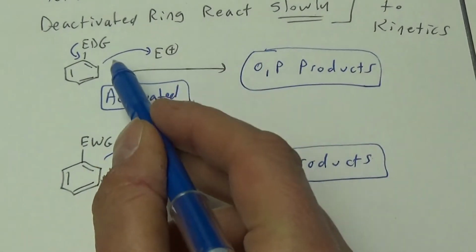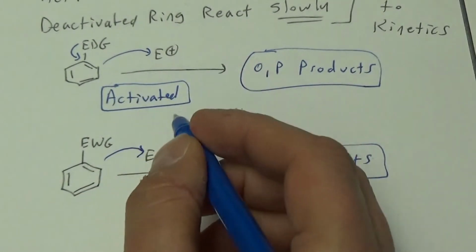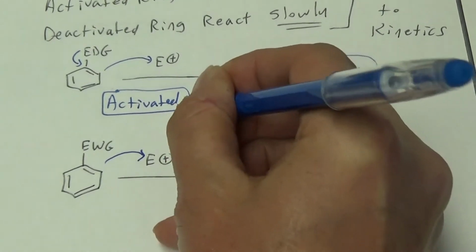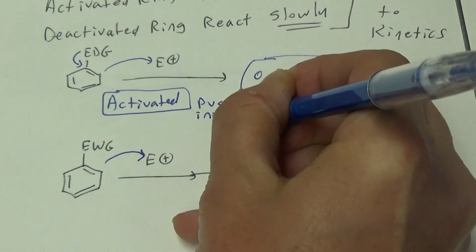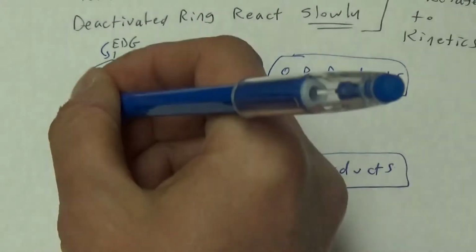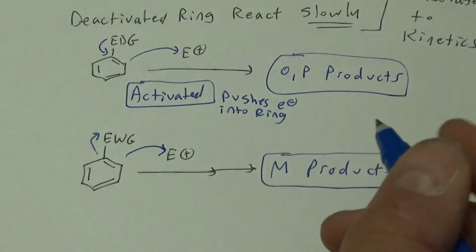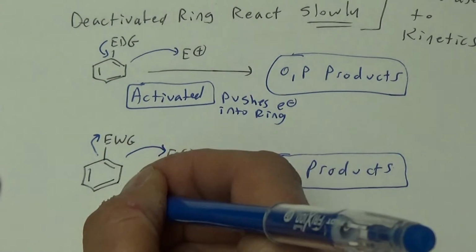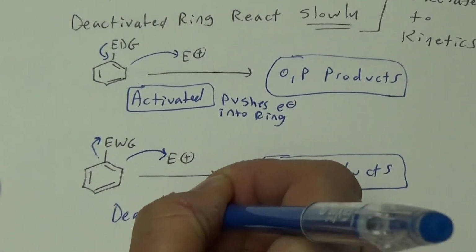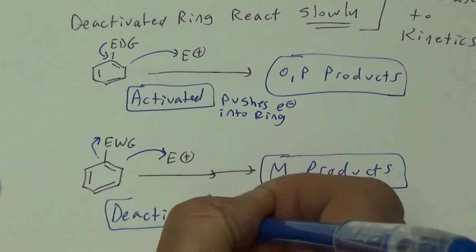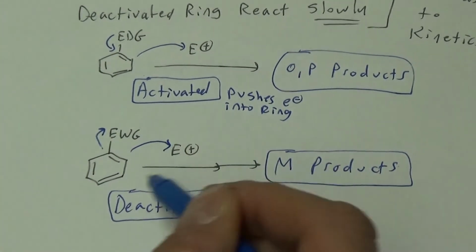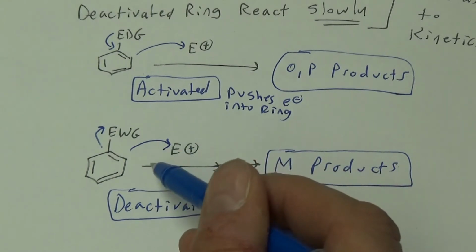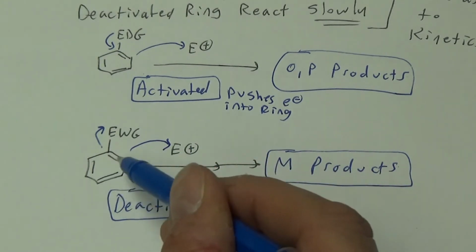Because it's pushing electrons into the ring and they go attack, right? Whereas the electron withdrawing group is pulling electrons away. So is it going to be activated or deactivated? The electron withdrawing group is probably going to be deactivated. It's pulling electrons away from the ring, so they're less likely to go attack, or it's just going to be a little slower because there are fewer electrons in the benzene ring.